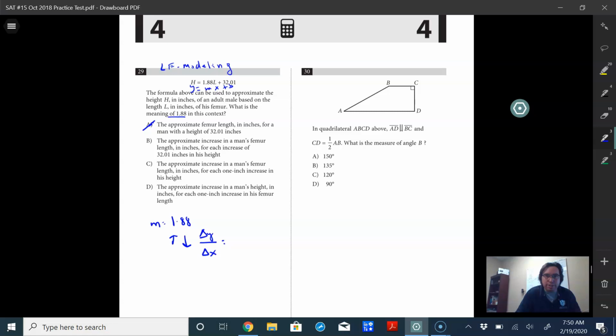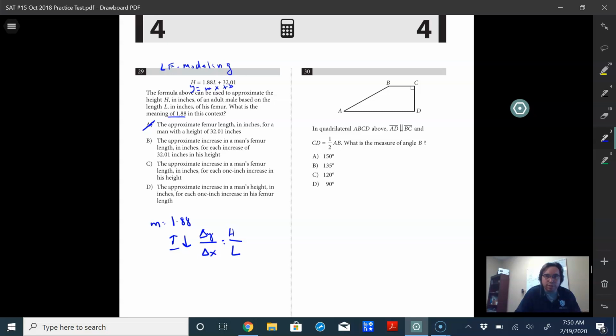Okay, so h is the y here. So we see that h is the height in inches over L, which is based on the inches of the femur. So we need to find something that mimics, and since this is a positive slope, an increase of height over length. And this one says the approximate increase in a man's femur length.